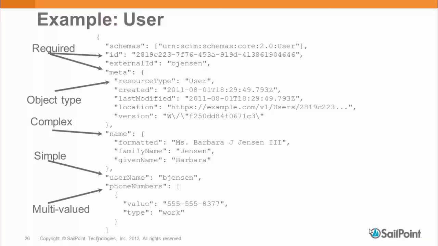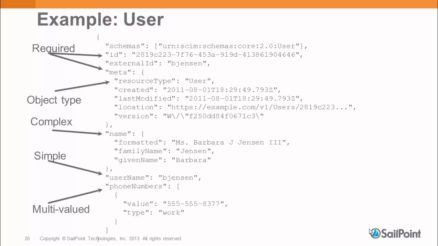One piece of that is a resource type that says what endpoint did this object come from? Did it come from the /users endpoint? Did it come from the /groups endpoint? Information about when it was created, updated, where you can find it again. There's a version tag that you can use for kind of concurrency checking.